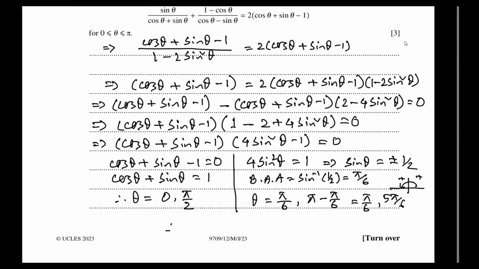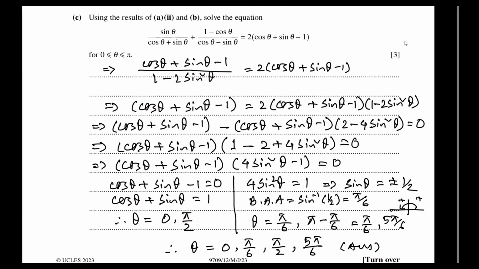So we have overall 2 from the first one and 2 from the second one. In fact we have 4 values of theta. If you write it in ascending order: 0, pi by 6, then pi by 2, and 5 pi by 6. These are the 4 values of theta that satisfy this equation.